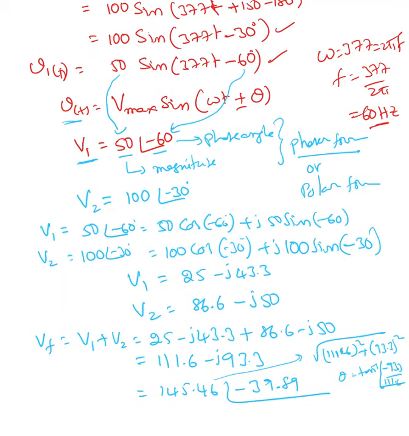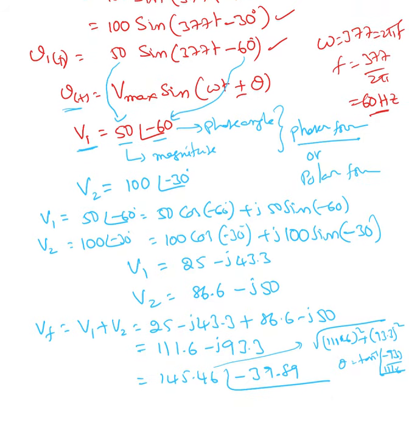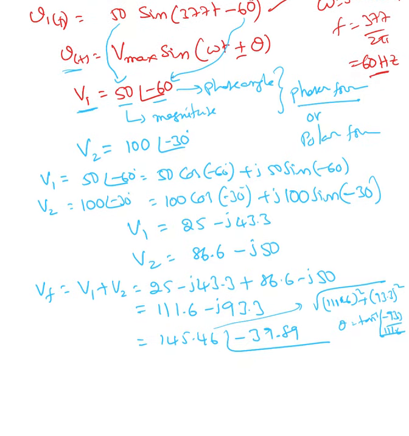That's how I got the theta. So I converted this into polar format. Now I'm going to write it down in time domain. So v final of t must be equal to 145.46 sine 377t minus 39.89. That is the final answer.